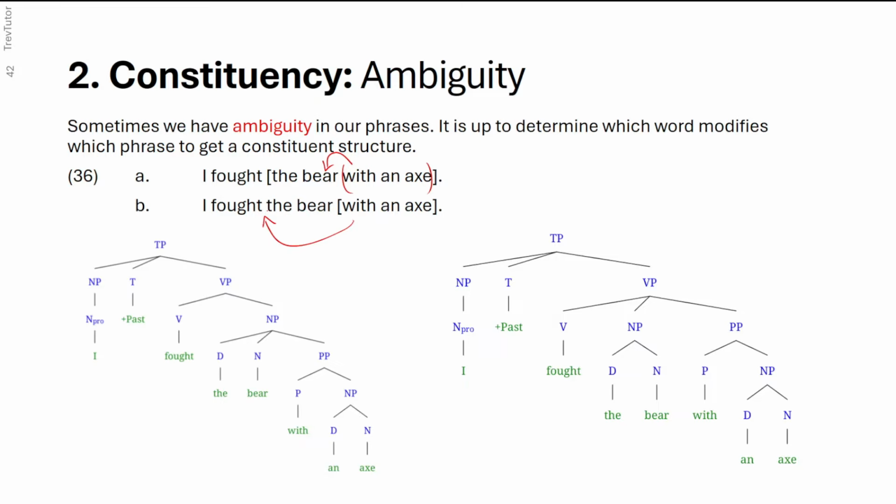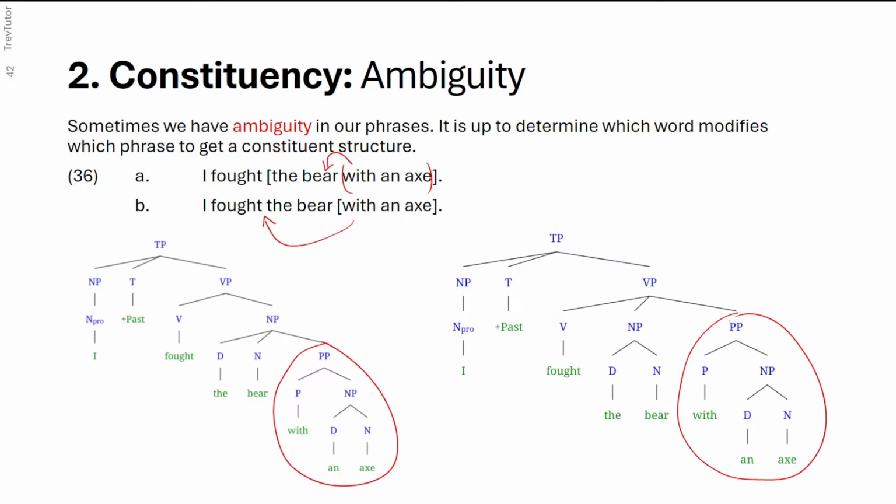So in terms of I fought the bear, the structure would be the same no matter what. So we have a tense phrase with a noun phrase subject, past tense. Fought would be the head verb, and then it's introducing the bear. But this prepositional phrase is going to change positions depending on the interpretation of the sentence.